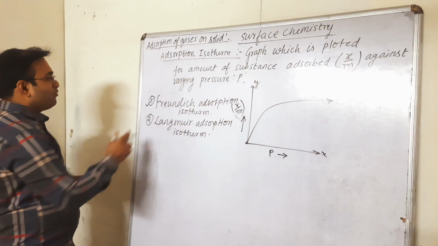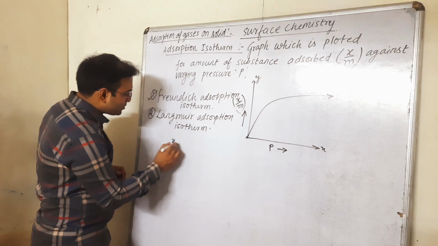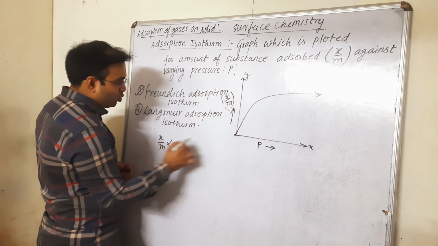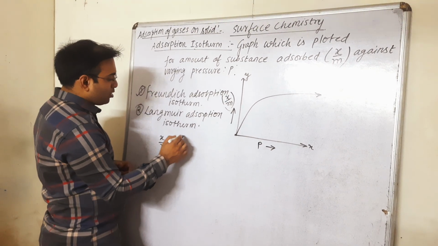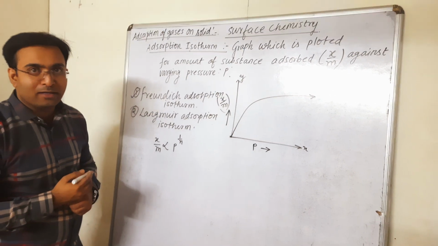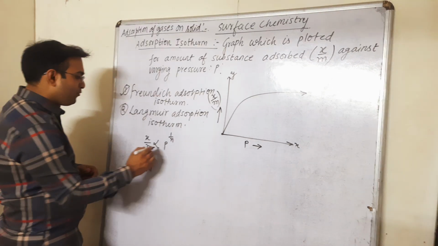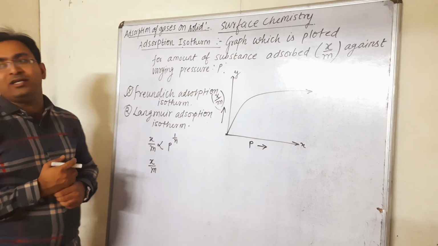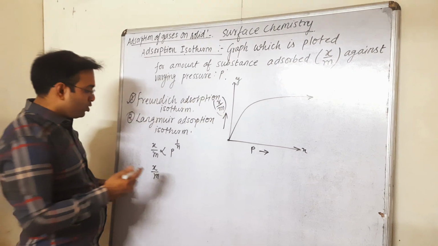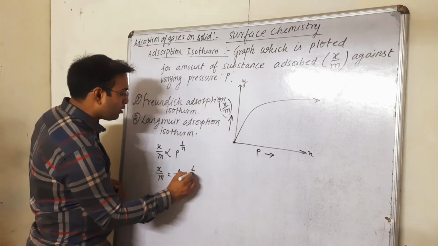Freundlich gave an equation, and he said the amount of substance, that is x by m, is directly proportional to the pressure to the power 1 by n. Now students, if I want to remove this sign of proportionality, I need to add a constant, right? So x by m is equals to k p to the power 1 by n.